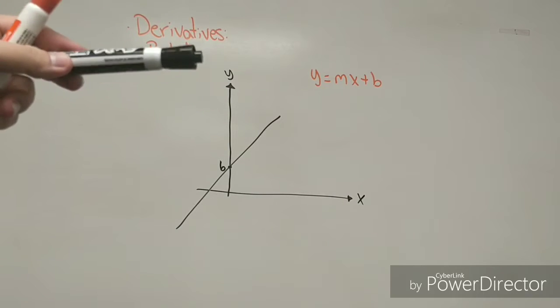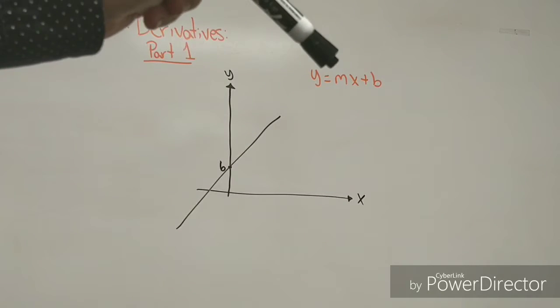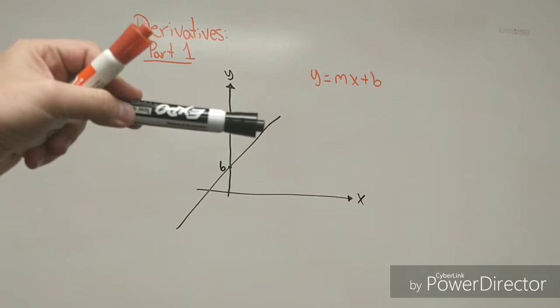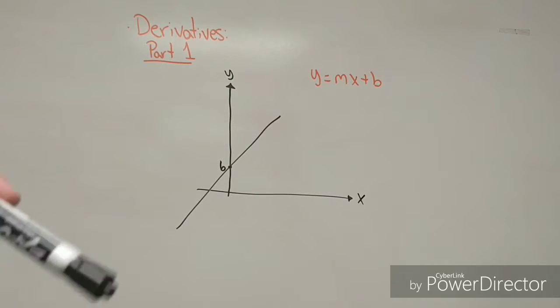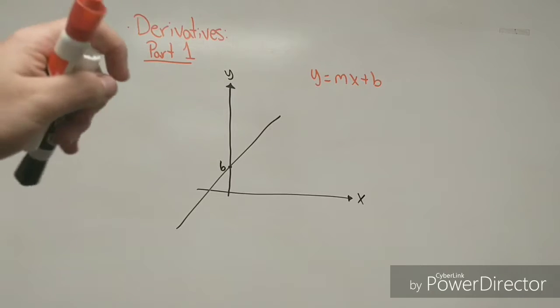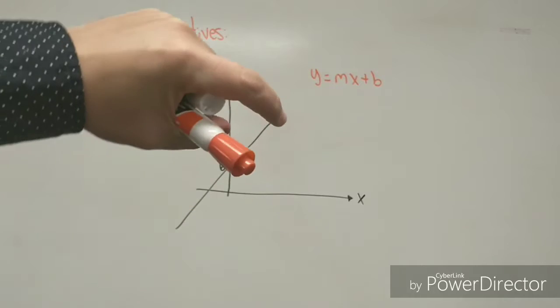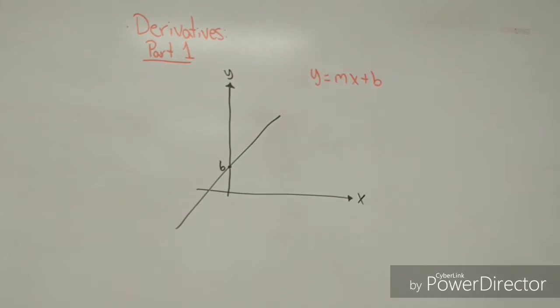We want to define the slope as the variation between y and x. How much it changes from the y-axis with respect to the x-axis.